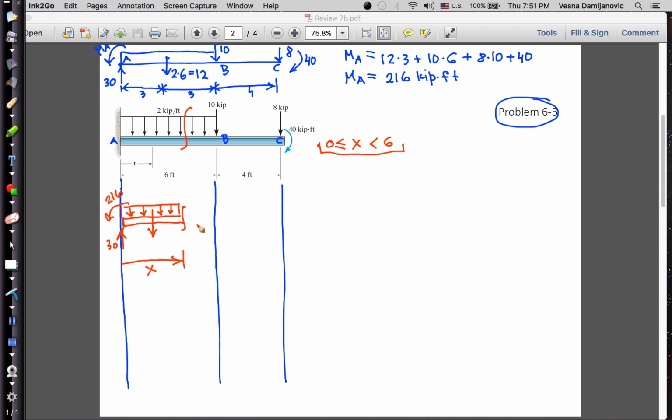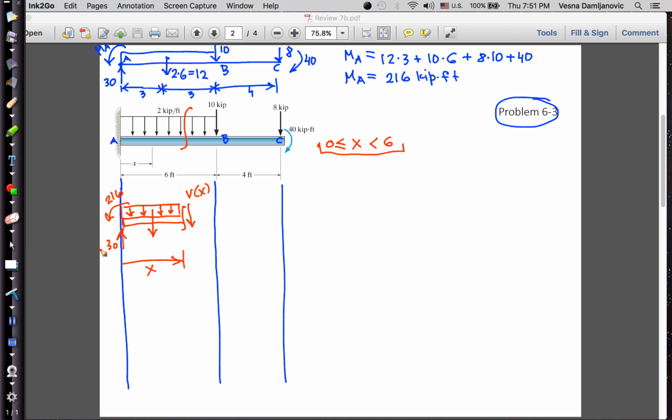Let's draw the reactions. The forces are this way, this we don't know, it cannot be more than 12, so it's going to be less than this. So the reaction will actually be going down. So that's my V of x. That's the reaction of the thrown away part of the beam when we made the section. And then there's going to be a moment.